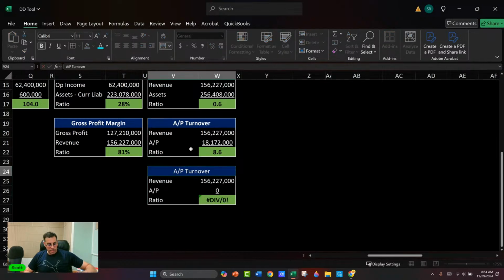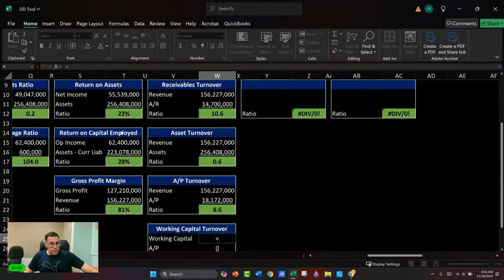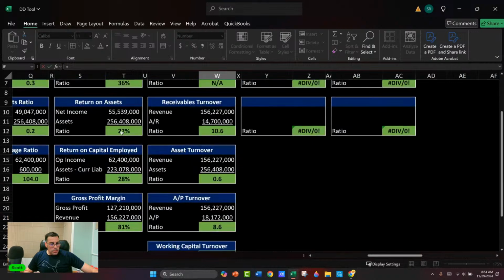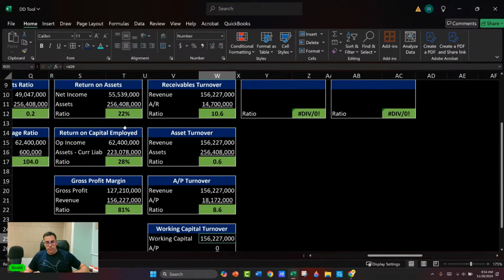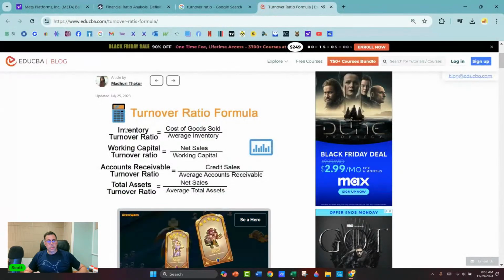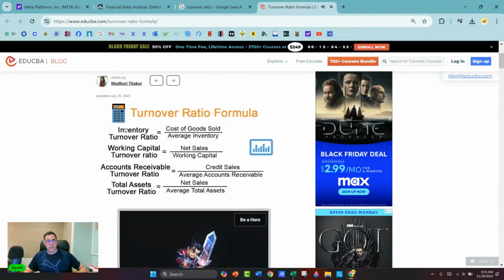Let me add working capital. So that's revenue over working capital.